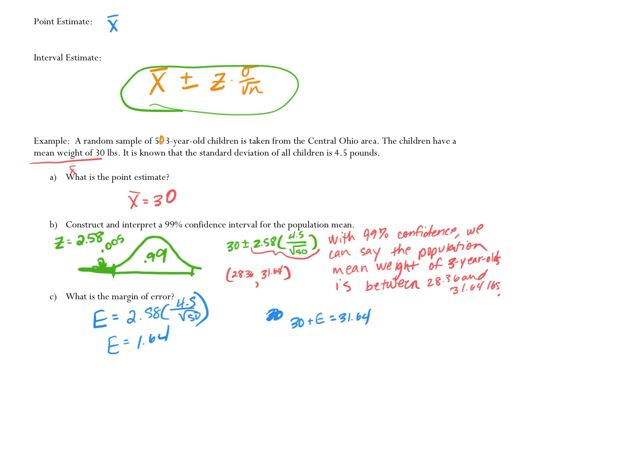Okay. Now, let me see. Did I do this for you guys or no? Okay. So let's say instead of giving you what the mean was, I gave you just a list of numbers.